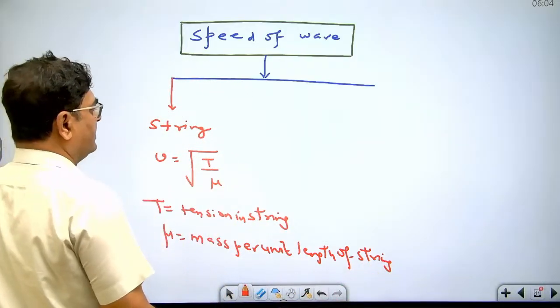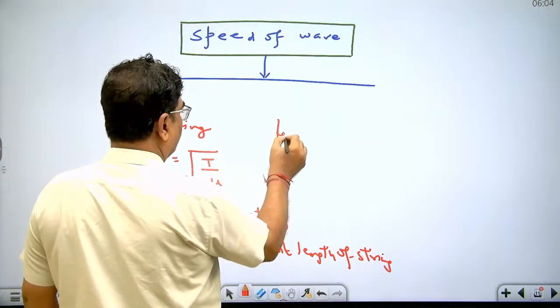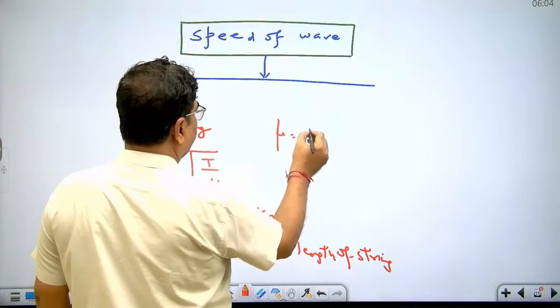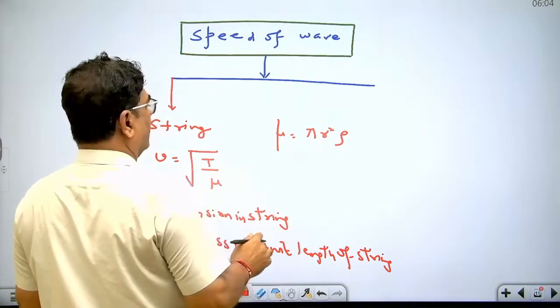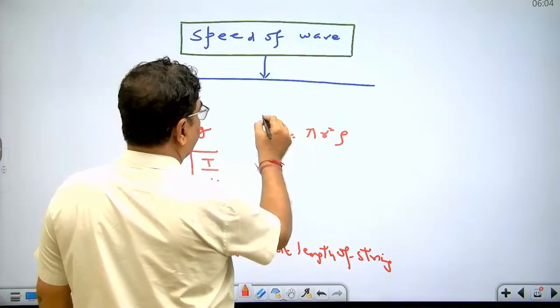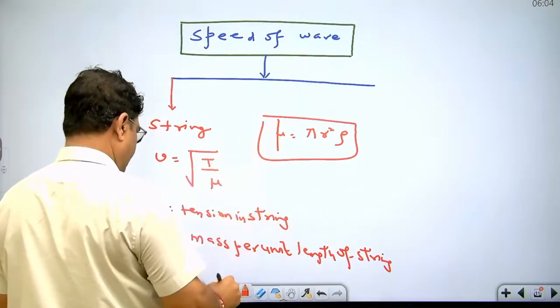What is mass per unit length? Mass is volume into density. This is mass per unit length, pi r square rho, where r is the radius of the wire, rho is the density.